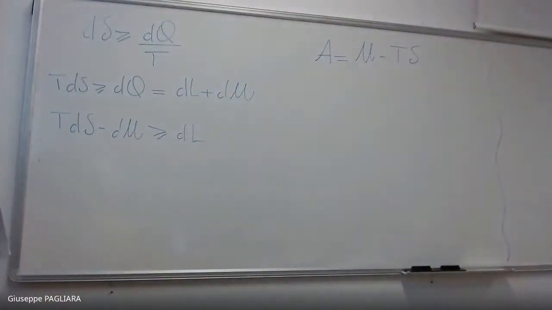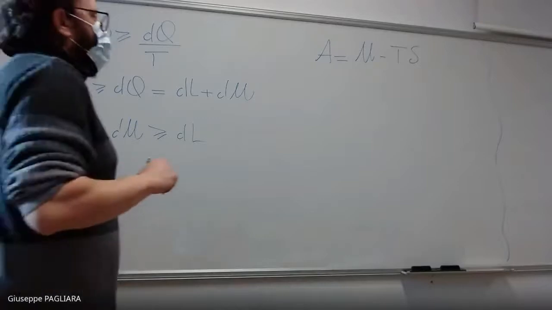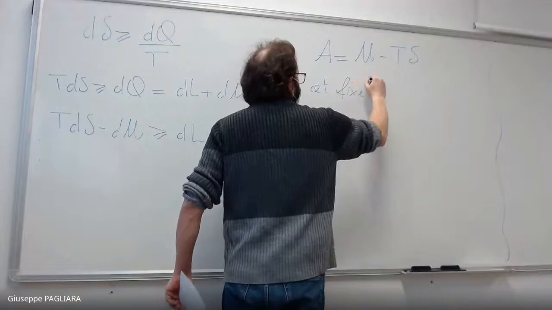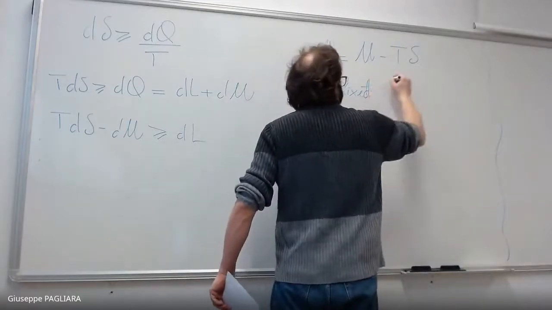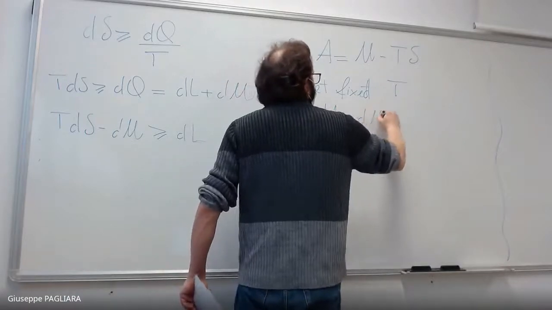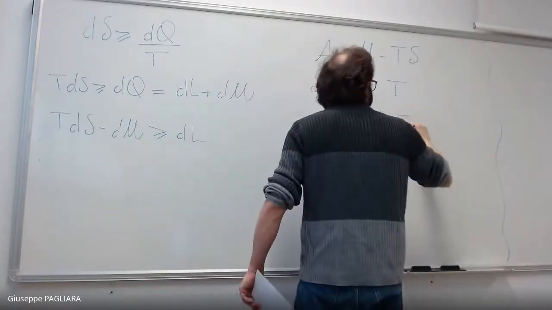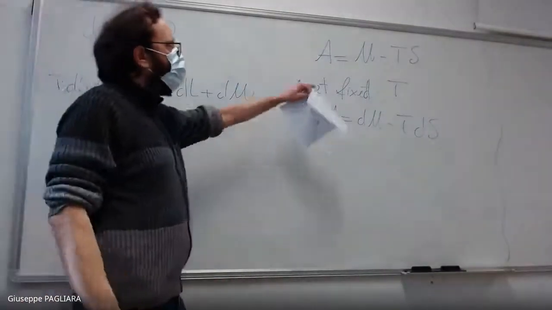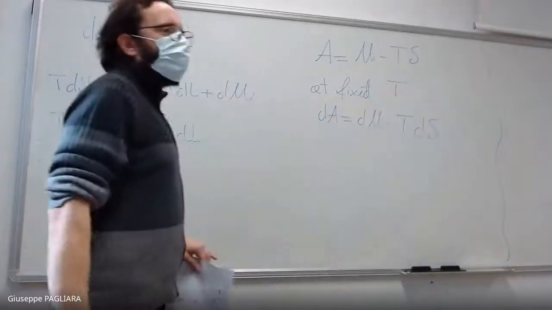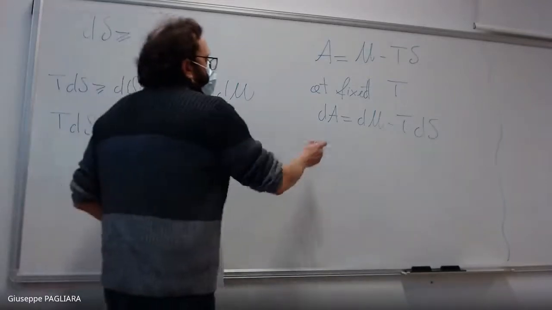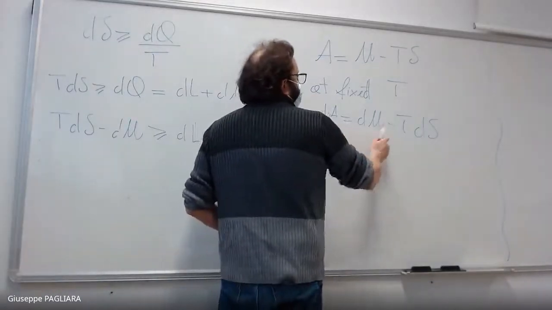Therefore, if I'm working at fixed temperature, dA is equal to dU minus TdS, because when I do the differential of this quantity, if the temperature is fixed, that is what I'm talking about now, a system with a fixed temperature, dA is dU minus TdS.